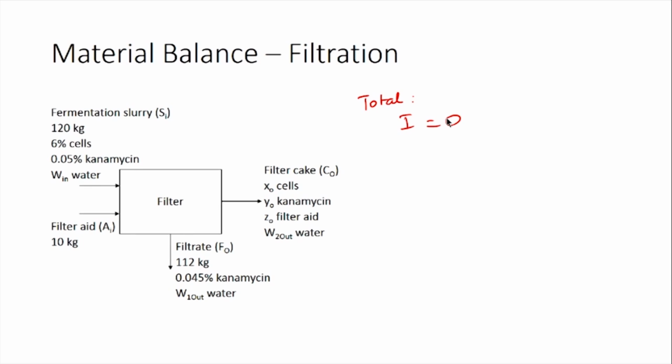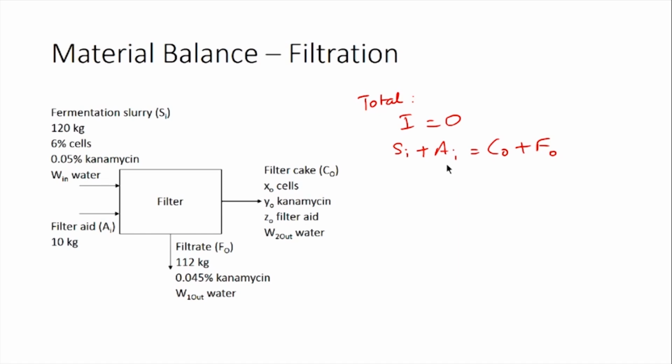So, input equals output. So, this would mean Si plus Ai equals C0 plus F0, where Si is the slurry and Ai is the filter aid entering, C0 is the filter cake leaving the system and F0 is the filtrate leaving the system.